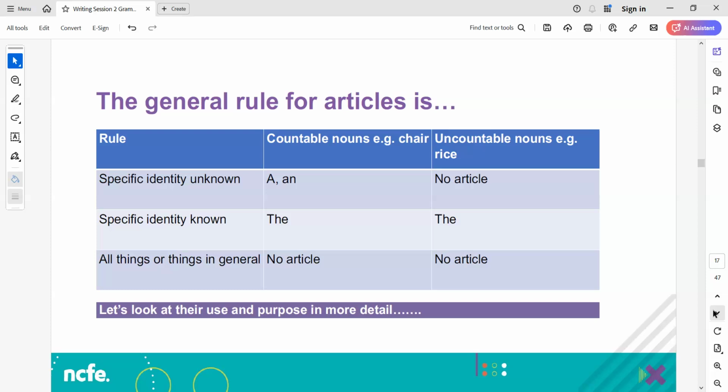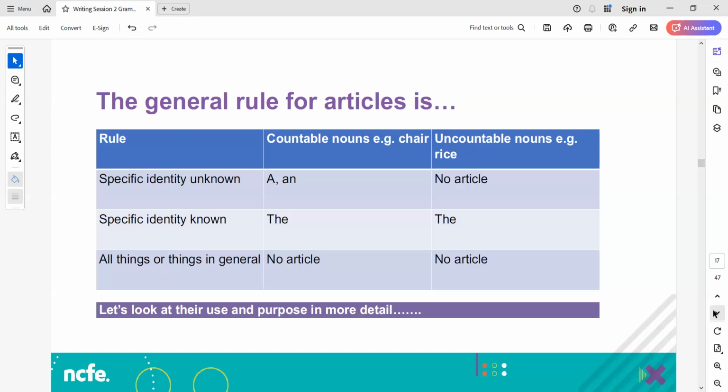For an uncountable noun, something made up of so many individual items that we can't put a number on it, like rice or sugar, we would not use an article. We'll look at some examples in a moment and the use will become more clear.